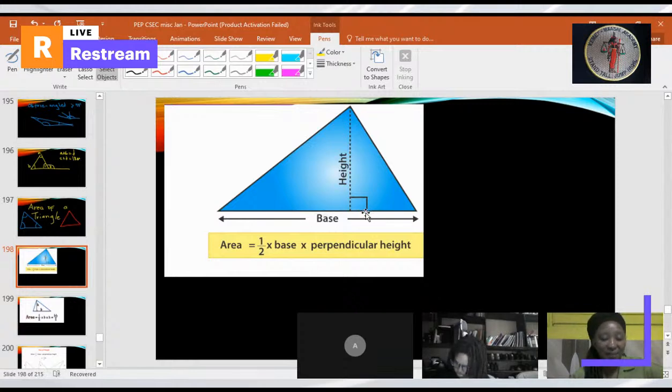So once you have established correctly what the base is, what the height is, to find the area of the triangle, you multiply the base times the height and find half of that. All right. Now there are a number of ways this can present itself.